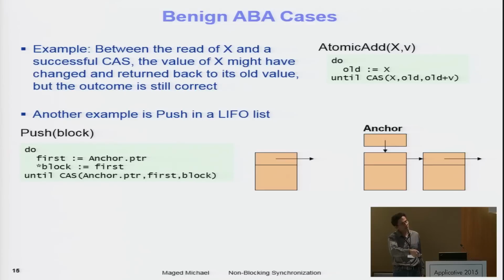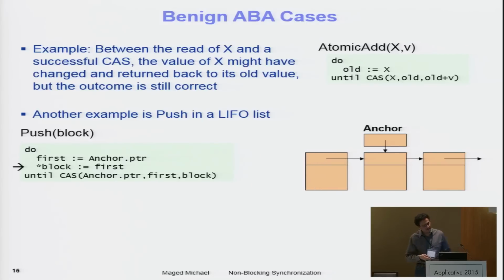I will make it point to it and try to change the anchor using compare and swap. The current thread does that, and now some other thread removes one or more nodes and then pushes some node back, as long as it is the correct A.